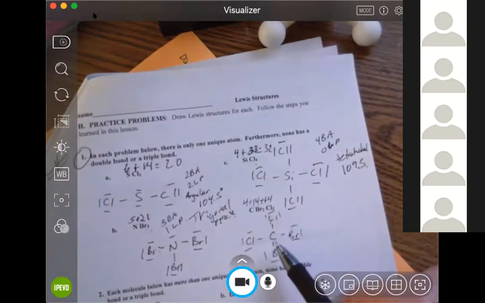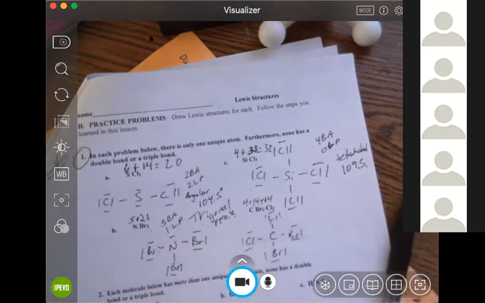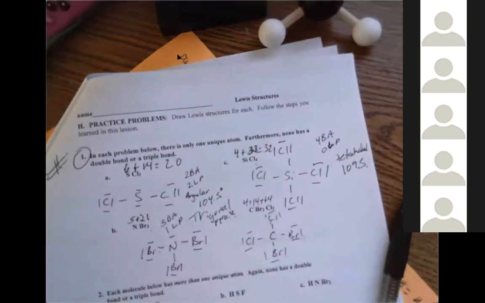Somebody else, how many bonded atoms are there on this central one? Good job.